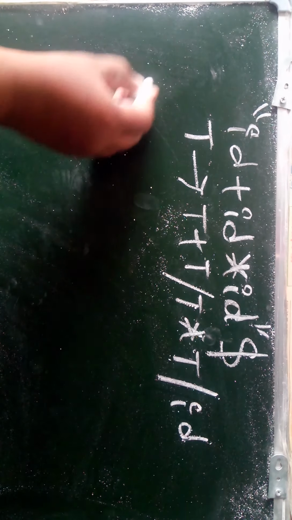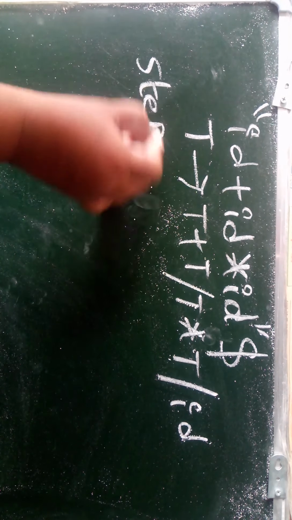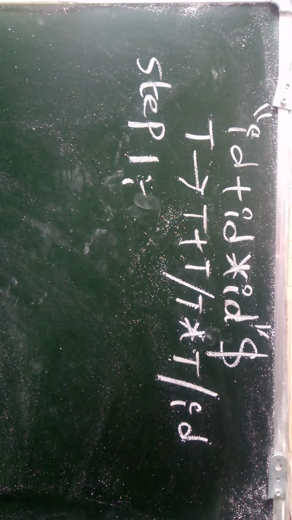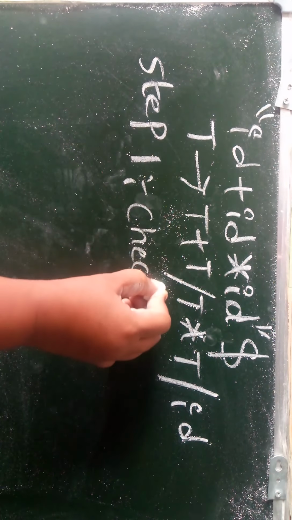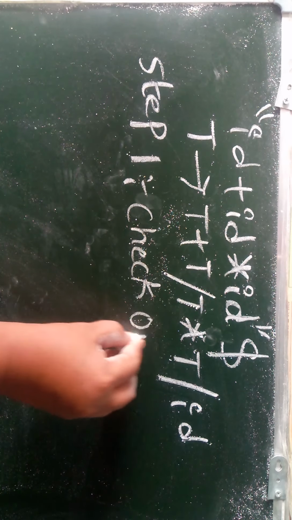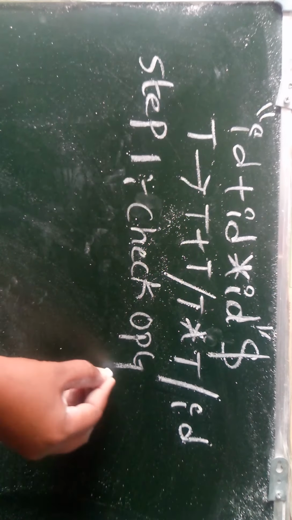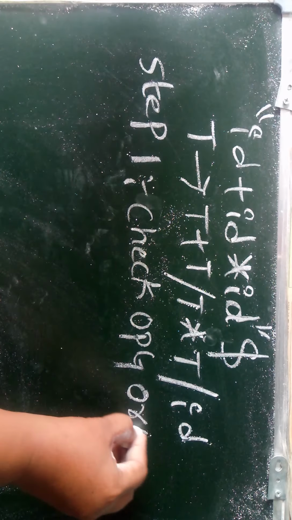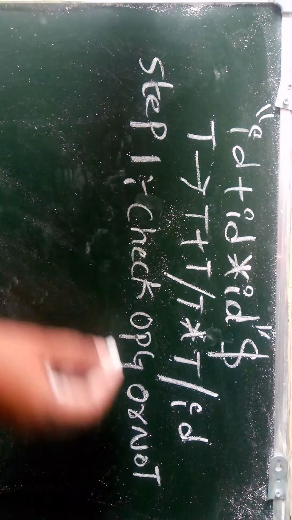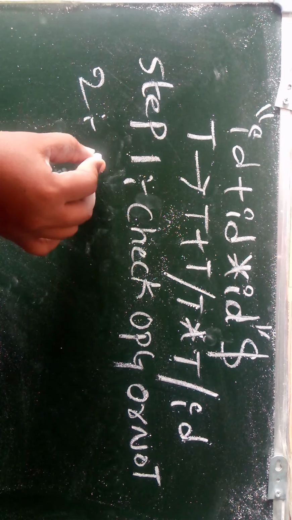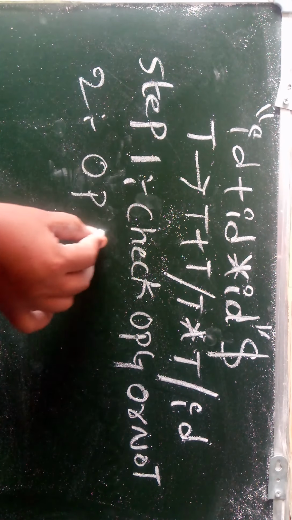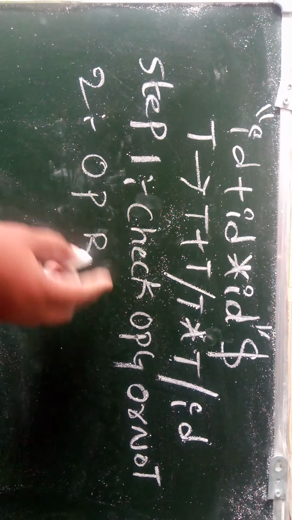Step 1: check whether it is OPG, operator precedence grammar, or not. Step 2: draw the OP relation table, the operator precedence relation table.